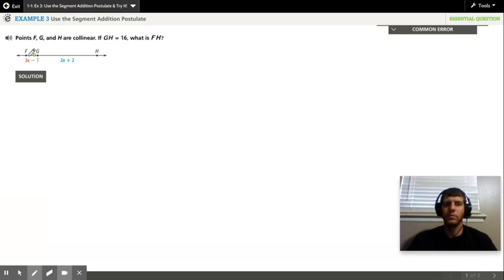Okay. So the first thing we can look at here is let's just write our segment addition postulate down. All right, G is between F and H, so FG, we'll do that in orange, FG plus, and then in blue here we have GH, and then the whole thing is FH, so let's do that in purple.